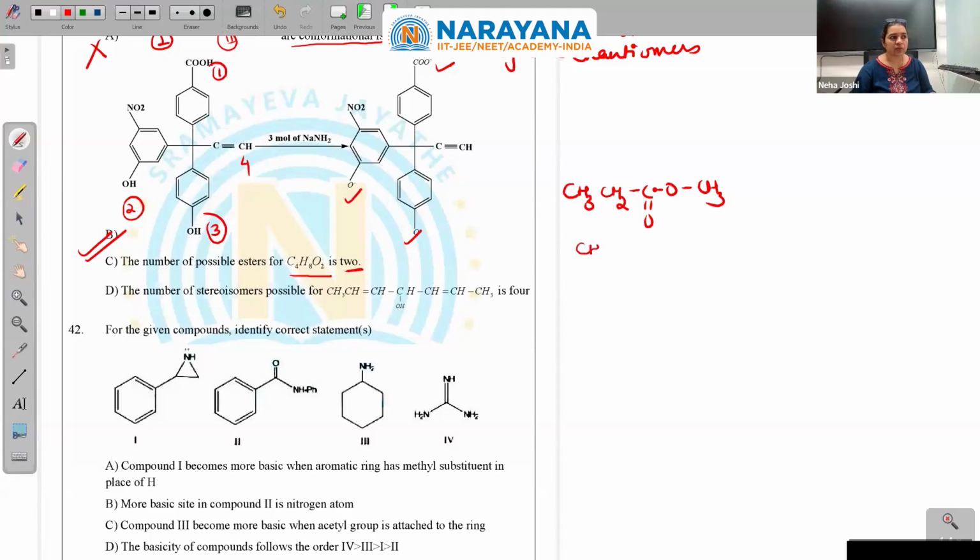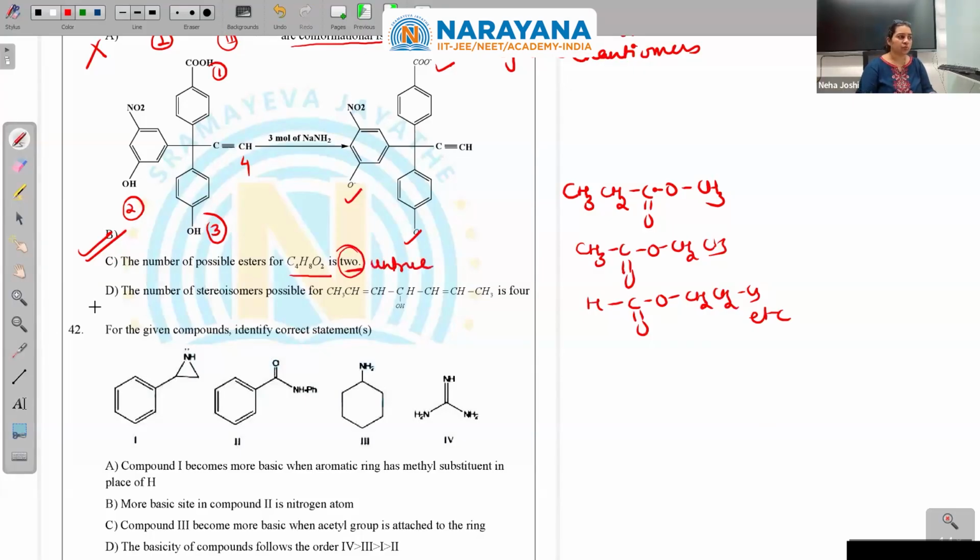Second possible ester is CH3COOCH2CH3. That is also okay. Next is HCOOCH2CH2CH3. So the statement is gone. I have got the third ester, maybe more, but I don't need to go further because the given number is 2. So this is untrue. This statement is not true.